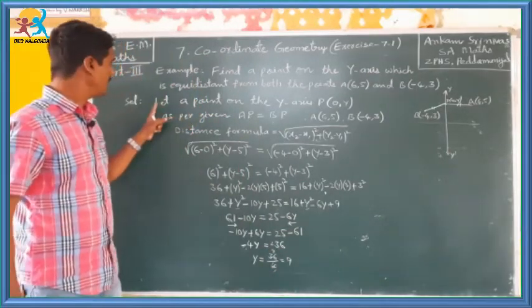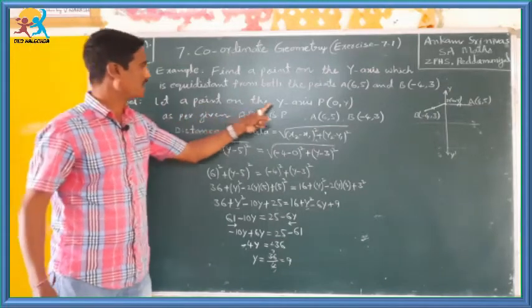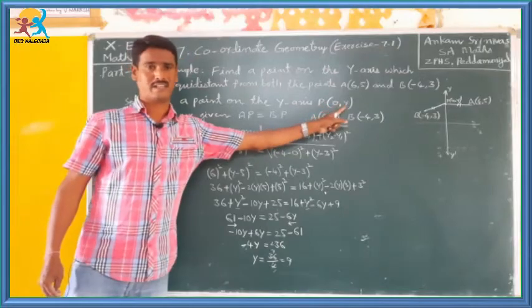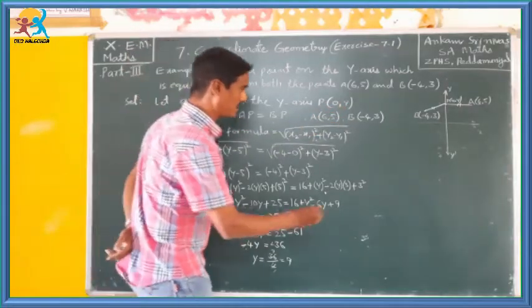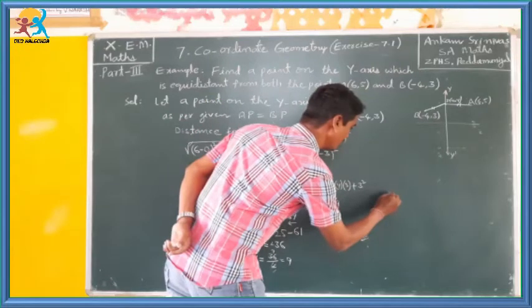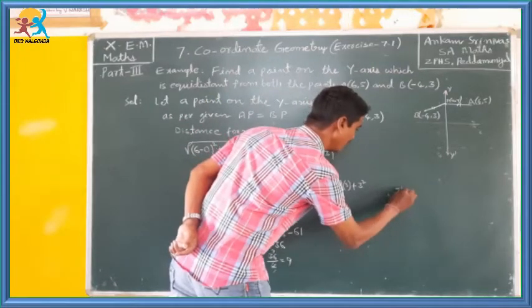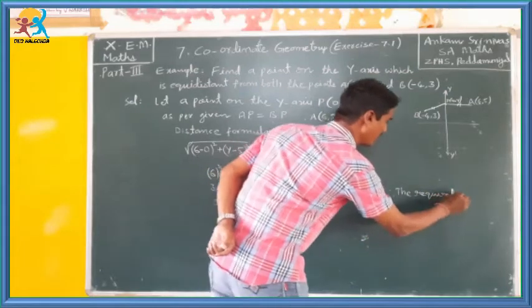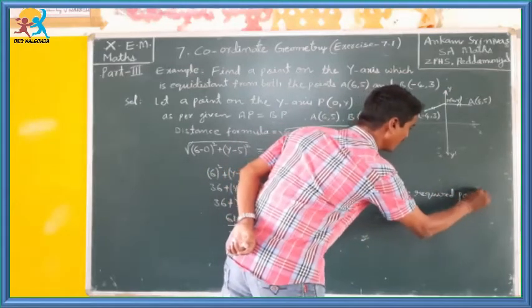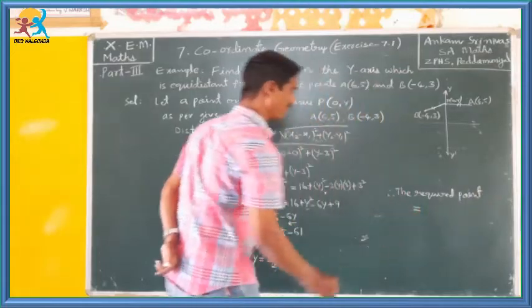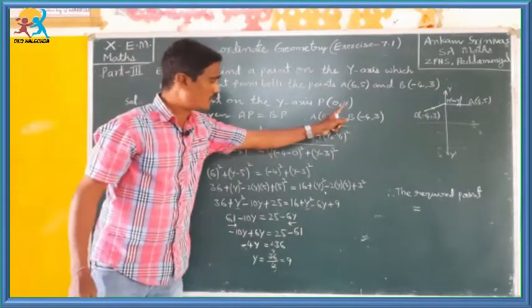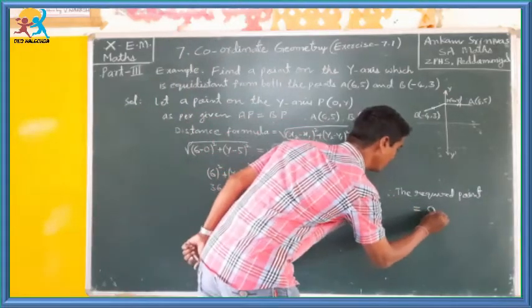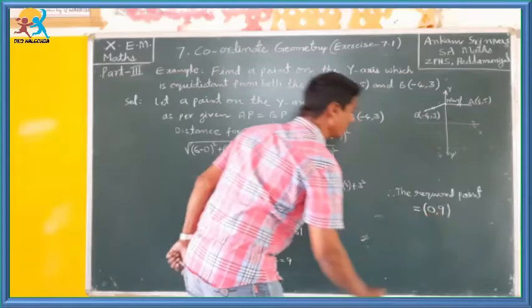What was our assumption? Suppose the point on the y-axis is (0, y). So what is the required point? The required point is (0, y), and the y value is 9. So the point is (0, 9).